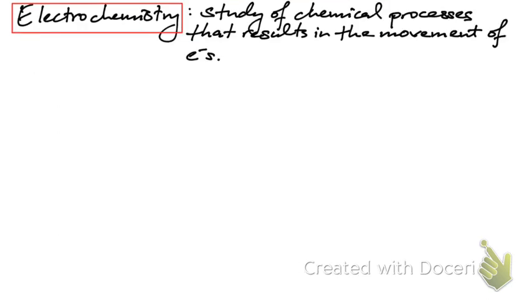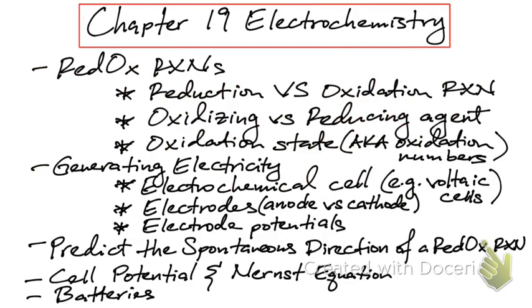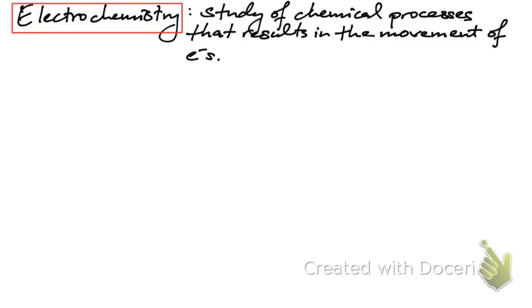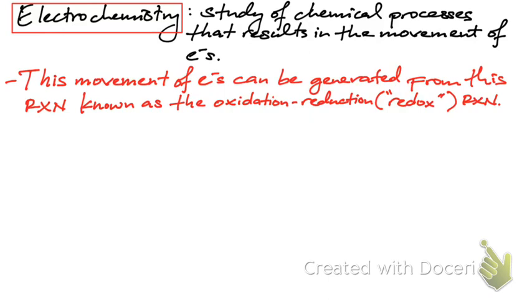So electrochemistry is basically defined as the study of chemical processes that result in the movement of electrons, or the flow of electrons. And this movement of electrons can basically be generated from a redox reaction, which is short for oxidation reduction reaction.